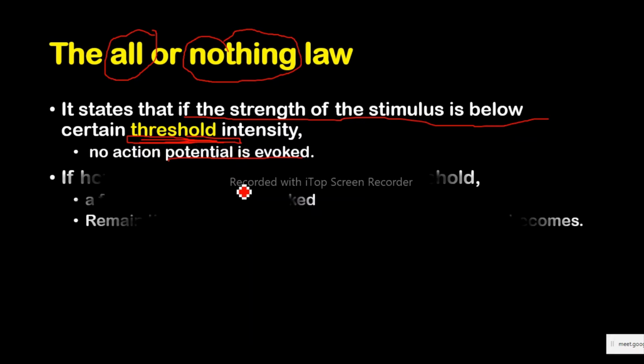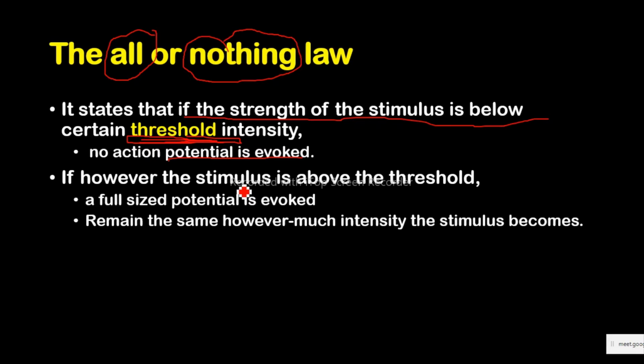However, if the strength of the stimulus is equal to or above the threshold value, then a full-sized potential is evoked. And this full-sized potential will always remain the same, however much the intensity of the stimulus is increased. So basically, that's how simple it is.